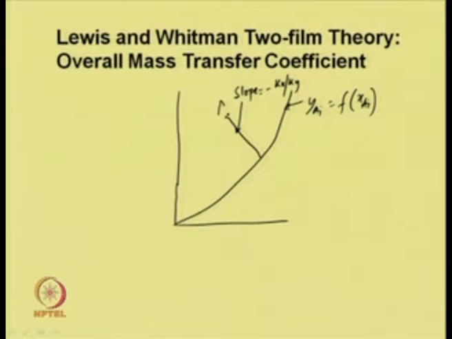Suppose this point is P, and this location is x_Ab and this is y_Ab, the bulk concentrations, and this is the interfacial concentration where this line meets the equilibrium line. This is y_AI and this is x_AI.